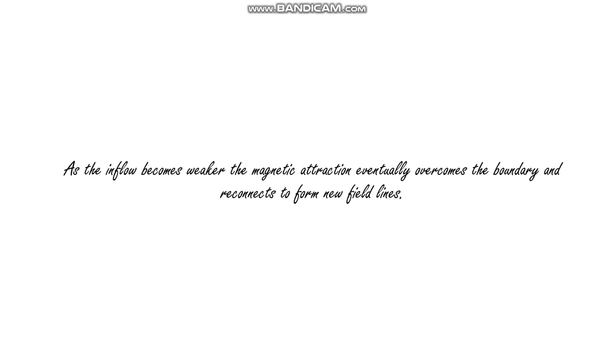And as it becomes weaker, the magnetic attraction of the two opposite-poled magnetic forces, because these two parts of the magnetotail, the top and the bottom, one of them has a north terrestrial pole and the other a south terrestrial pole, so magnetically they are opposite, so they want to attract.